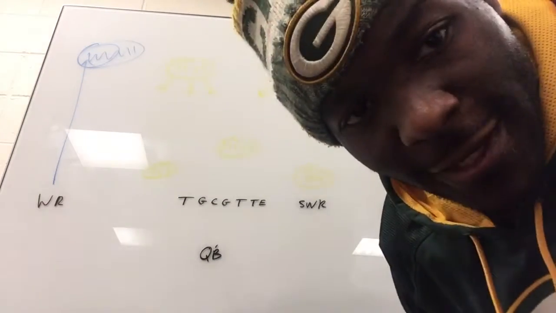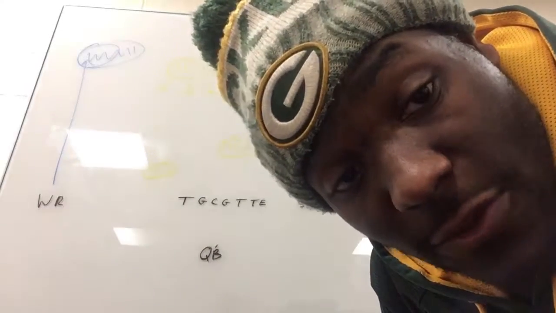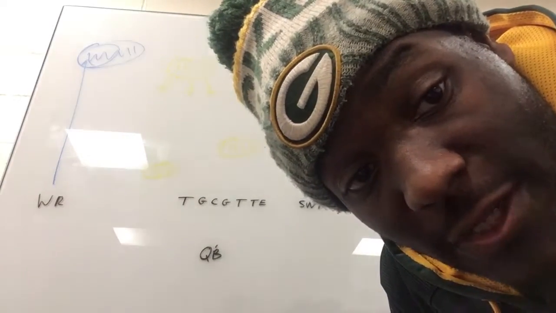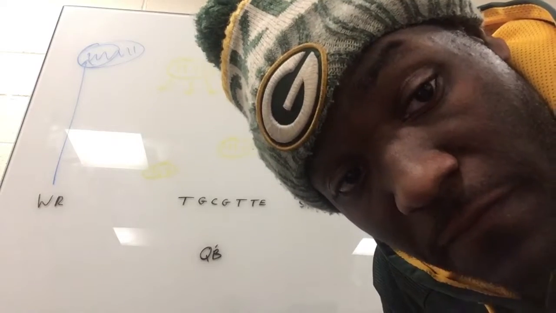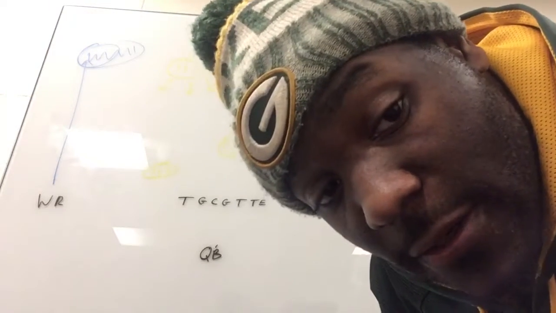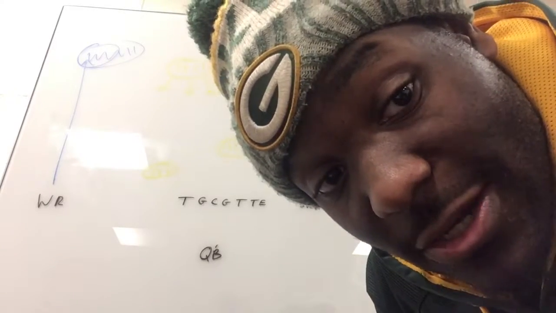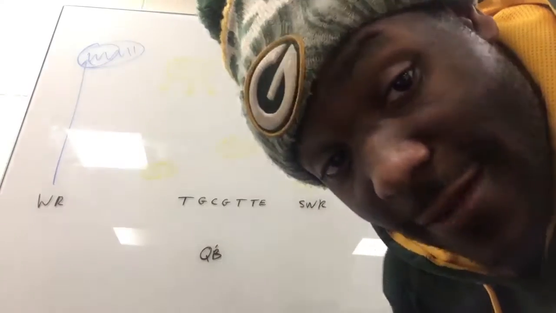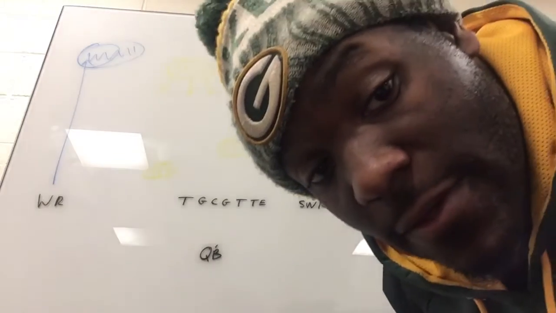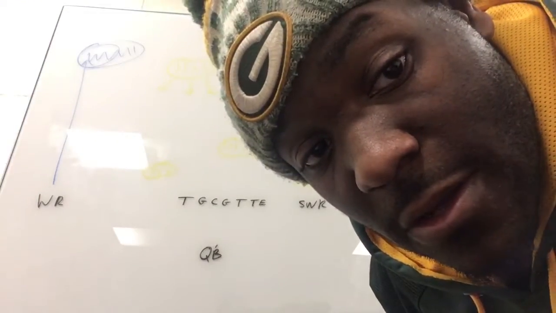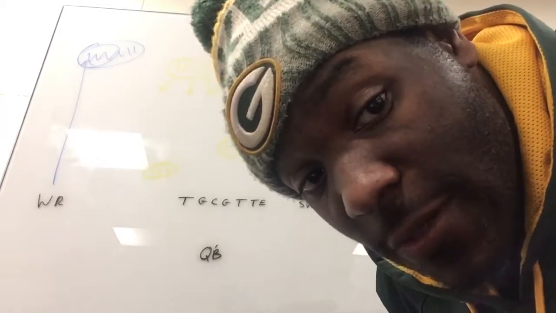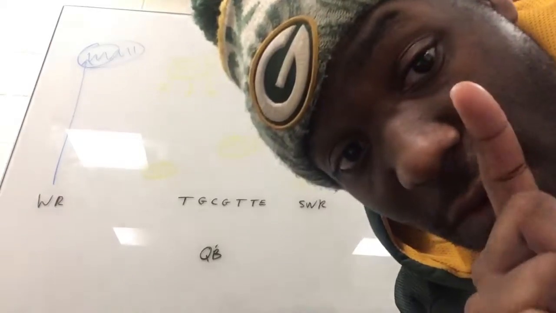Now, the routes that are designed to cancel the properties of zone coverage. Slants. No. Slant, stop. Is it slant? Slick curls? Yeah, slick curls. Curls, hooks. I'd say comeback routes, if they're run correctly.